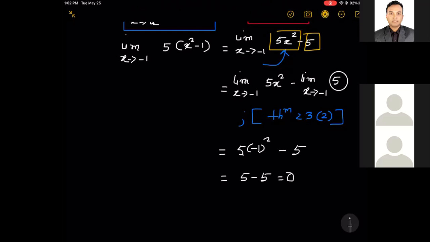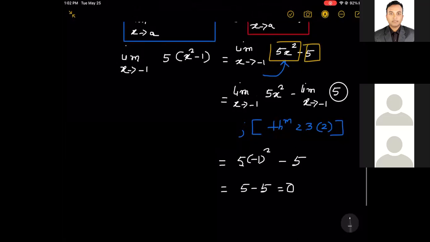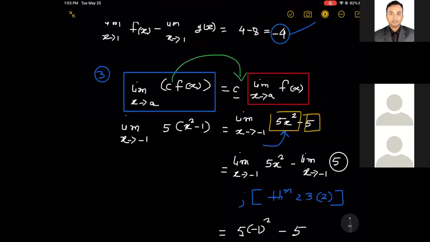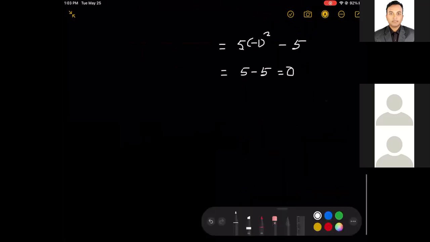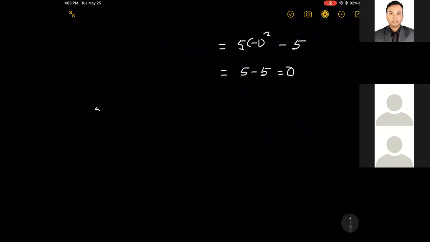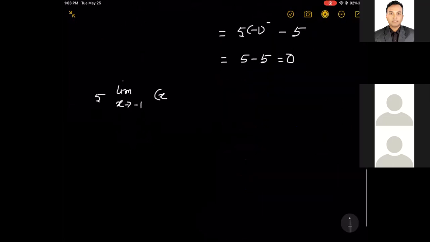Let's do it for the right-hand side, where we have said that if you keep the constant outside and find the limit, it will still give you the same result. Okay, let's do that. So I'll keep the constant outside and find the limit of it. I think it will be x squared minus 1, right? Yeah, x squared minus 1.